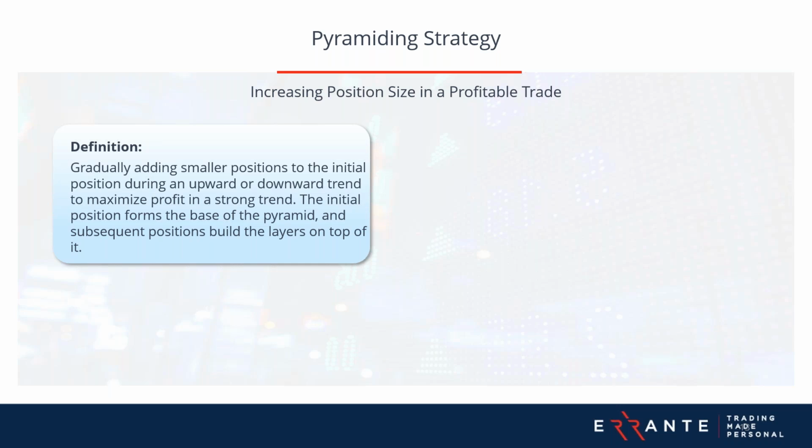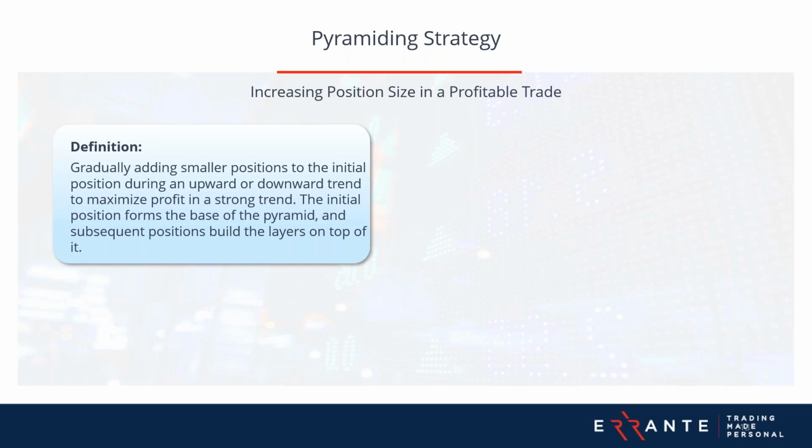And the next strategy is pyramiding strategy. All right, let's discuss the pyramiding strategy, a powerful tool for maximizing profits during a sustained trend. This is my favorite strategy, to be honest. This strategy involves gradually adding smaller positions to an already profitable position as the trend continues, whether it's upward or downward.